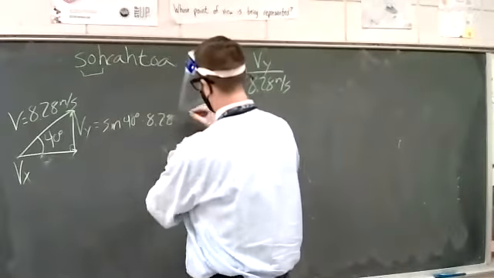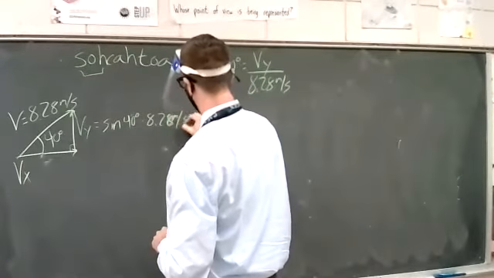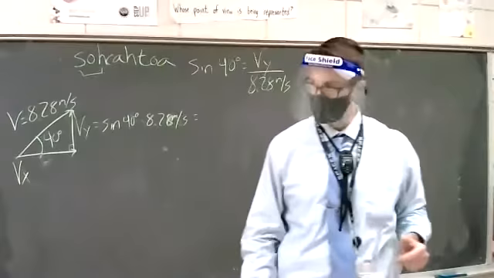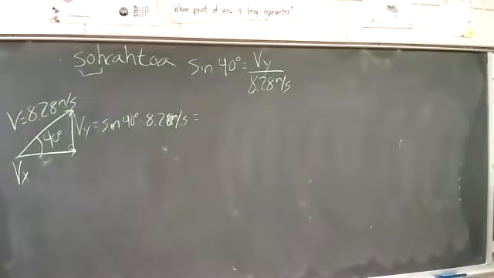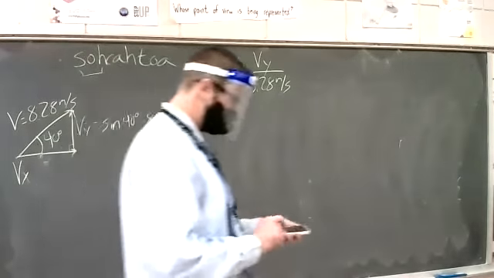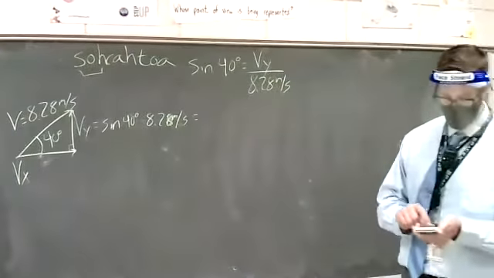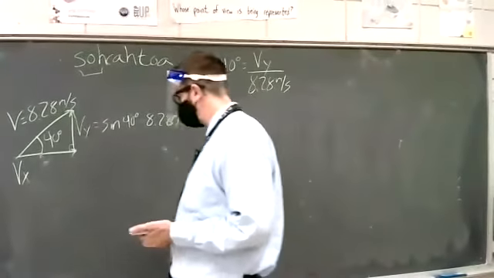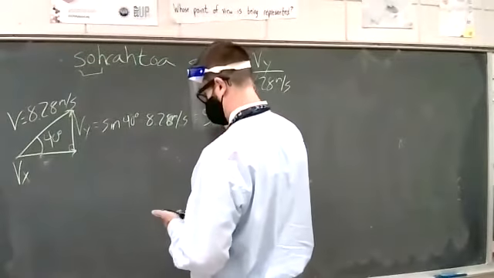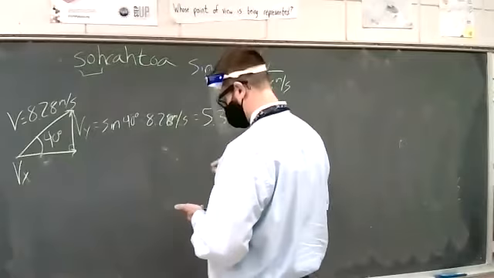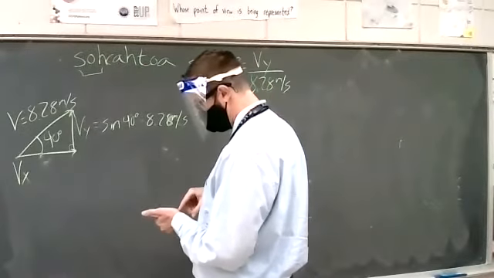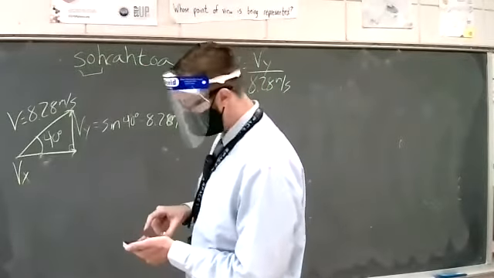The units here again are meters per second. So in my calculator, sine of 40, 0.64, times 8.28 gives me 5.3 meters per second, which if you're curious, is about 11 to 12 miles per hour.